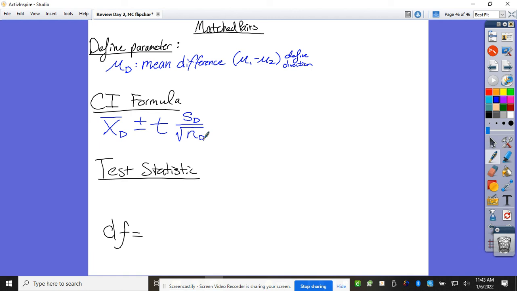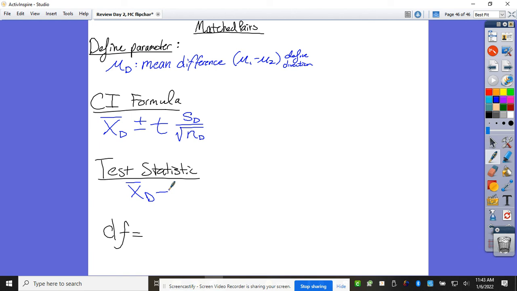Alright, so then translating that to here, our test statistic is what? Just like when we did it with one sample for means, it starts with what? But now this is x bar D. What should go here?